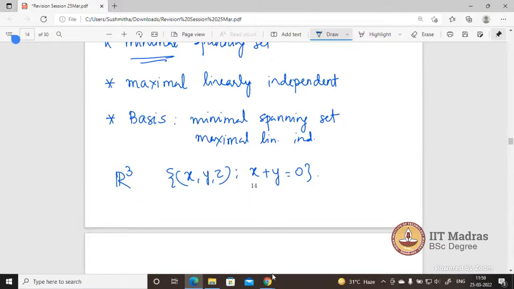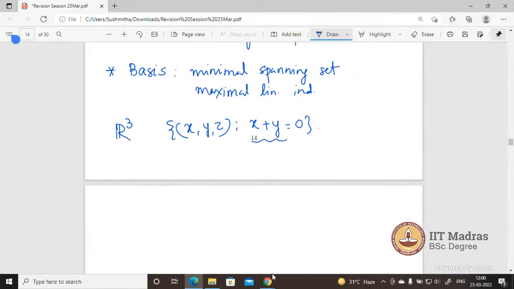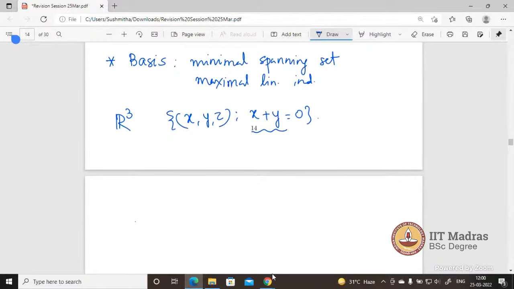What is this? A subspace of dimension 2. What is the dimension? It's not 3, it's 2. Why is it 2? Because z is independent and the value of x depends on y. One of these two is independent and z is independent. Okay, so can you give me a spanning set for this?